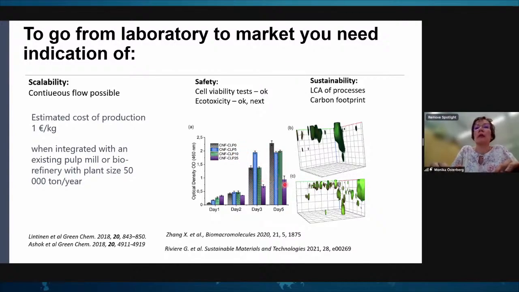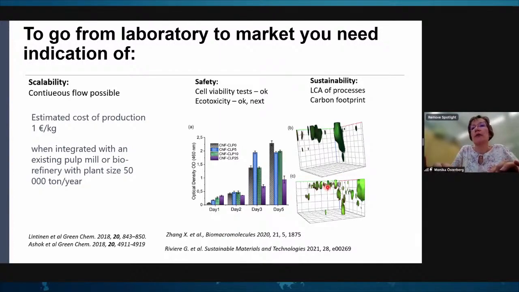With a higher amount of lignin, we see a bit of a negative effect. It's not cell death, they are still growing there, but they are growing less. But we think that this is due to the fact that the viscosity is increasing, so the nutrients are not flowing as easily within this hydrogel.